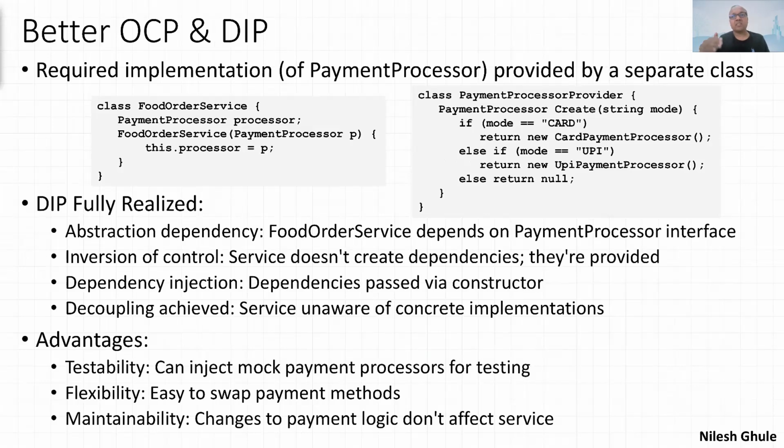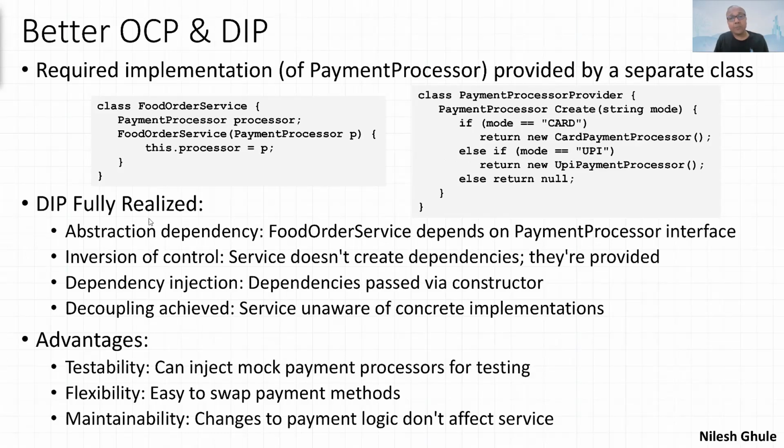Let us take a look at what exactly we have done over here. In this application, we tried to apply the open close principle as well as the dependency inversion principle in a better way. The required implementation of payment processor is provided by a separate class, which we call the payment processor provider. And then that returned processor we have attached inside our food order service.